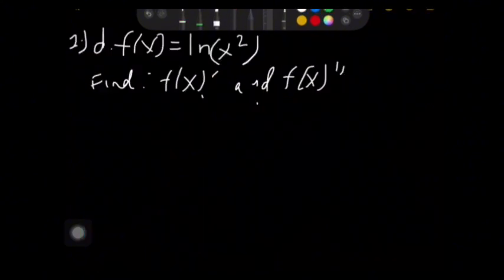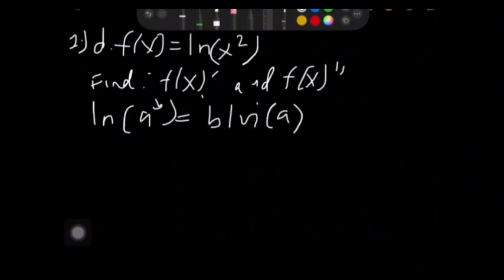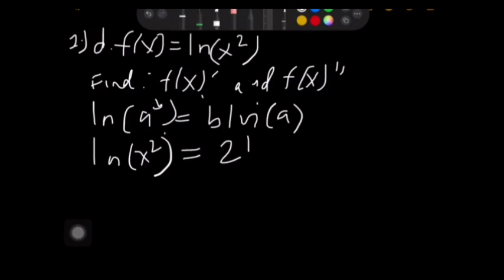For this item, we're going to find the first and second derivative of f of x equals the natural logarithm of x squared. Let us recall that the natural logarithm of a raised to b is just equal to b ln a. So we can write ln x squared equals 2 ln x.